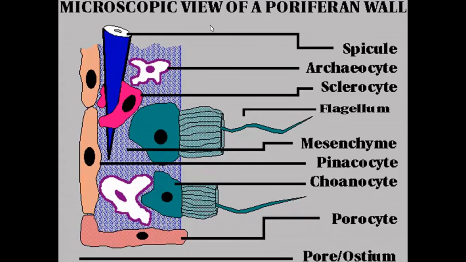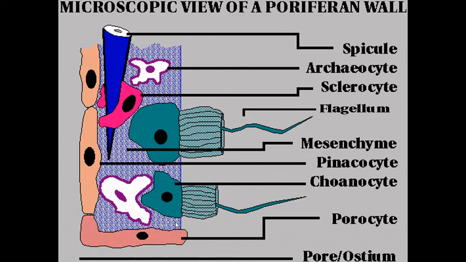So this is a schematic diagram of the cross-section of the sponge. Now, we have here, this one, kaning flattened cells, the pinacocytes. So the pinacocytes will serve as the epidermal cells of the sponge. And we have here another pinacocyte that transforms into a porocyte.